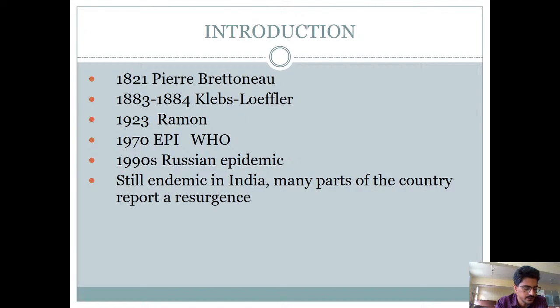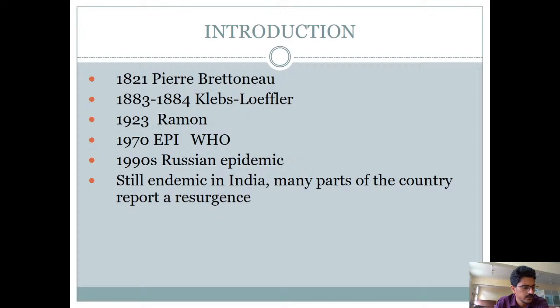So in 1821 Pierre Bretonneau labeled this as diphtheria because of the leather-like pseudomembrane formation. In 1883 and 1884, Klebs and Loeffler first identified this bacterium, and Loeffler cultured it. And you can go through the history and all other things, because it has created so many epidemics and endemics.